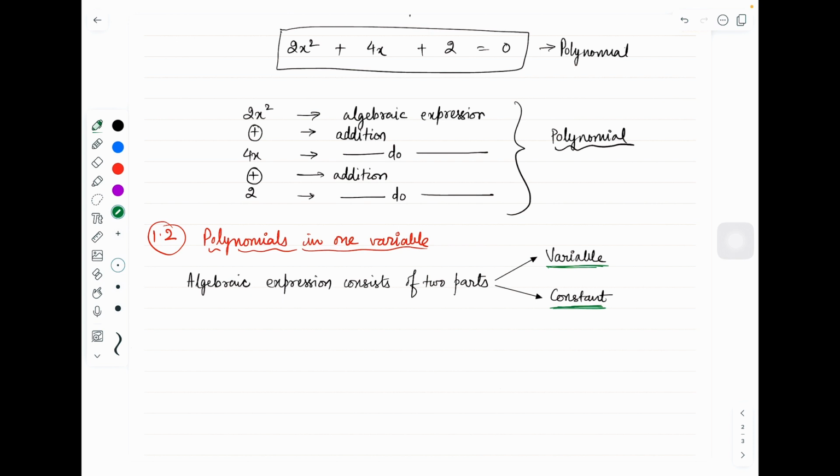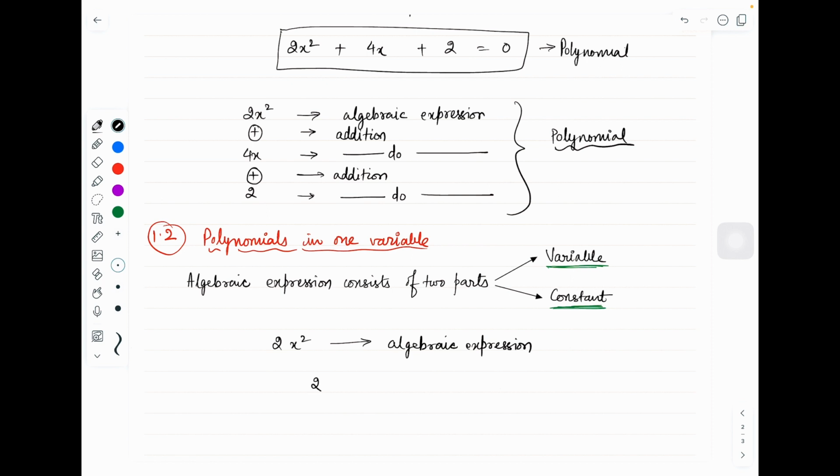See, in the previous example, I wrote that 2x square is an algebraic expression. So we'll dissect this.